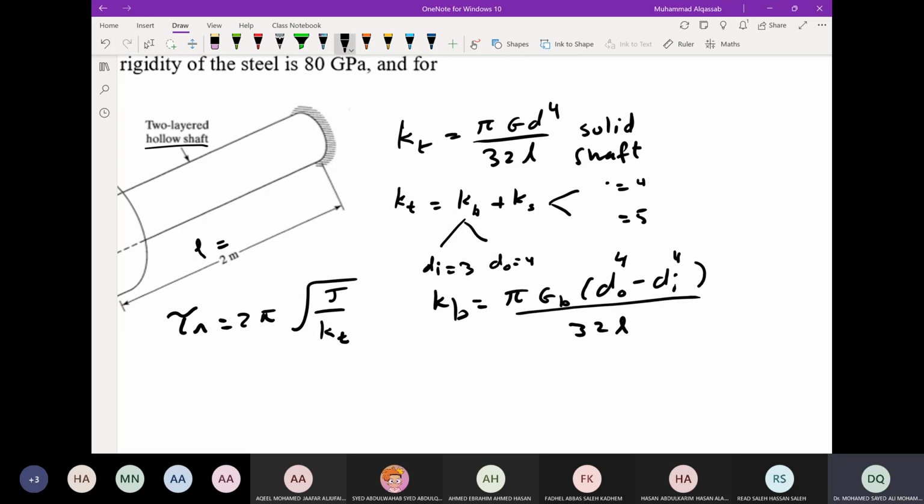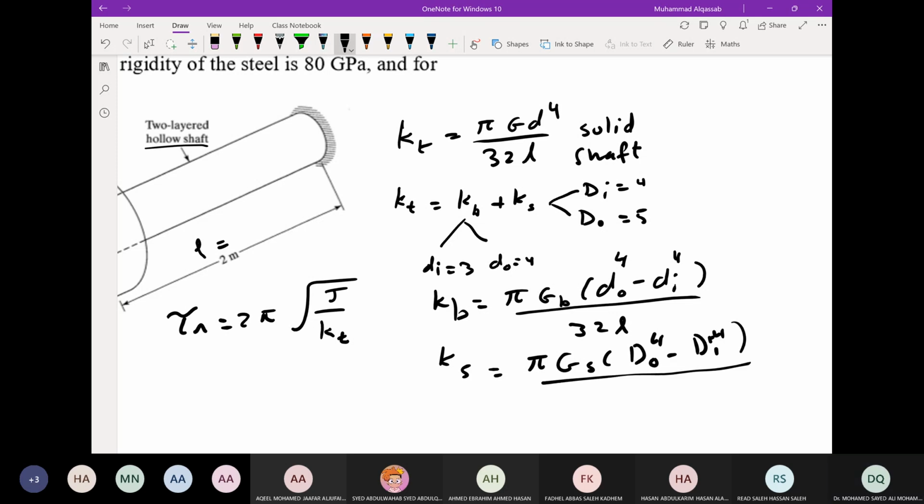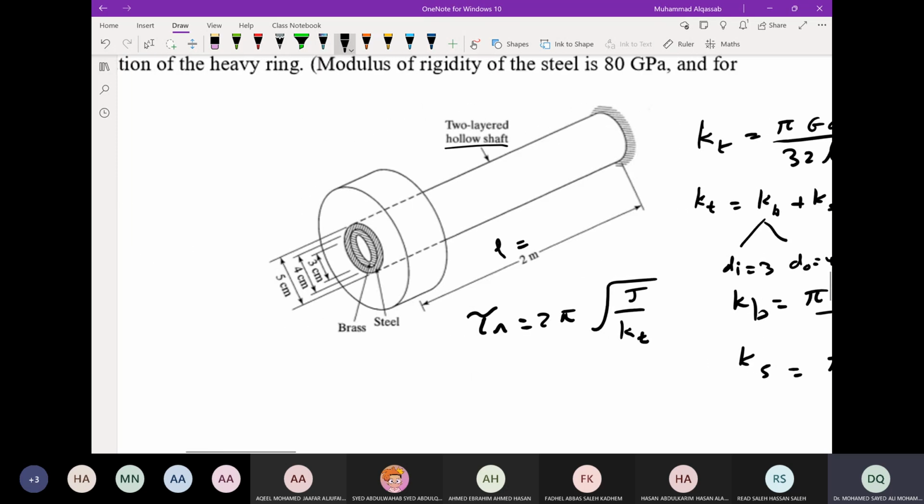Okay, let me just change this to capital D. And for steel, it is pi G of steel, D outer to power 4 minus D inner to power 4 divided by 32L. And use the base units, 80 gigapascal converted to Newton per square meter, and also the diameter converted to meter. Instead of centimeter, you use meter.